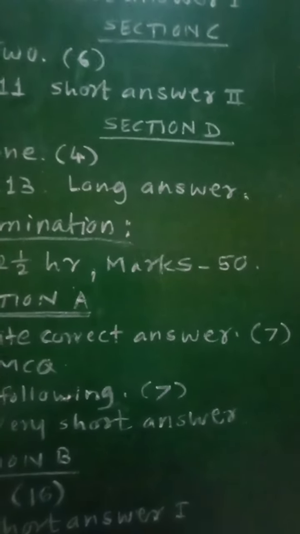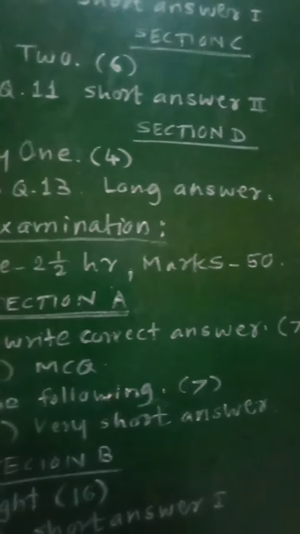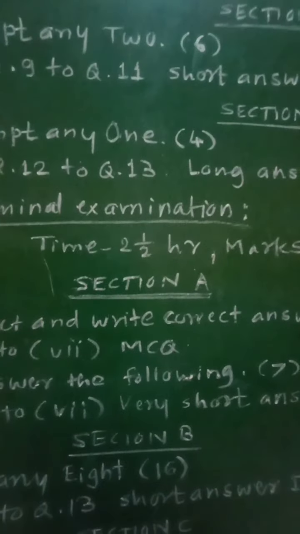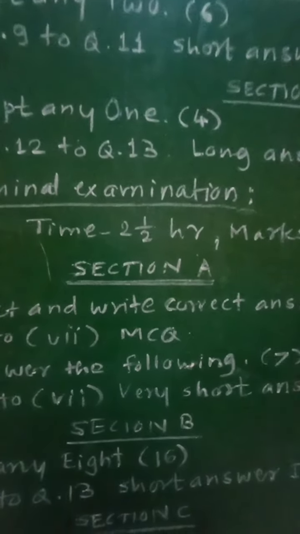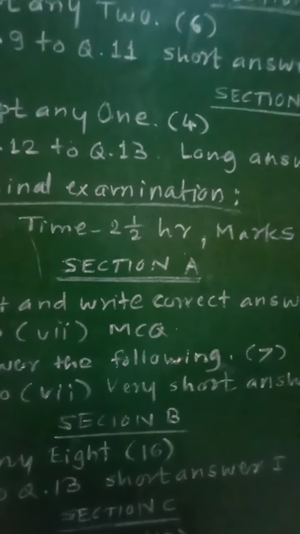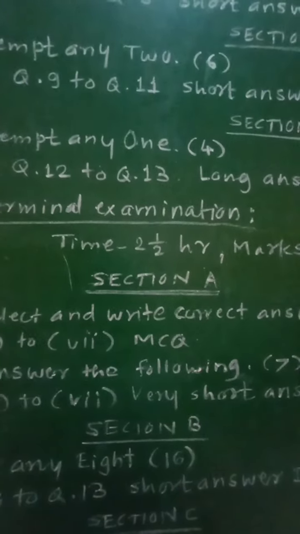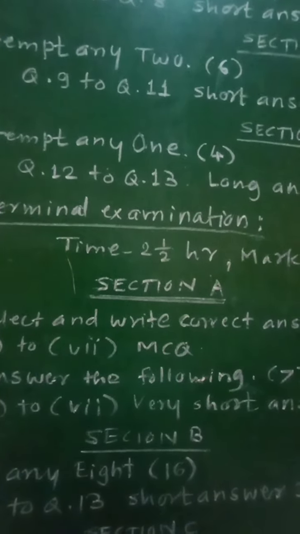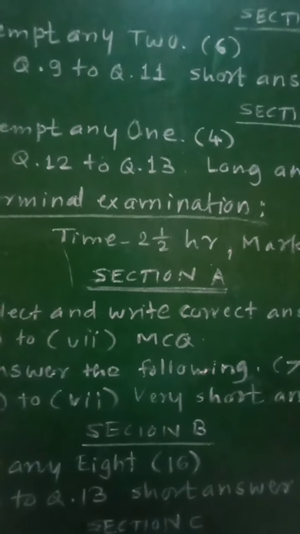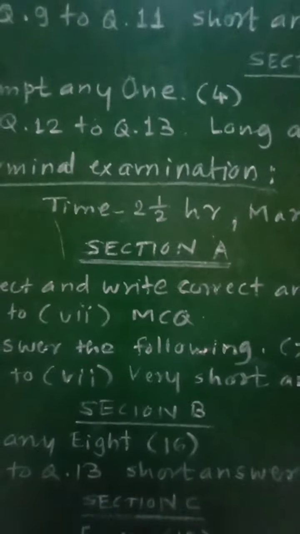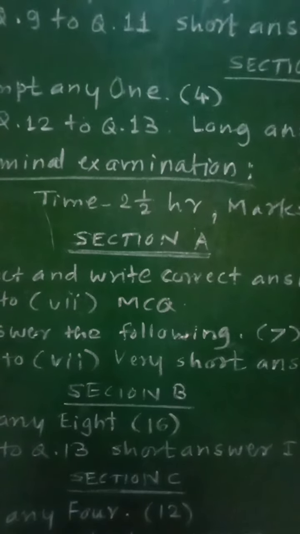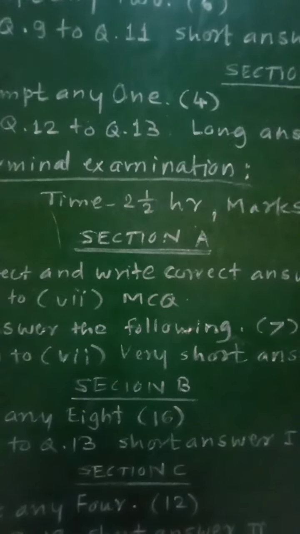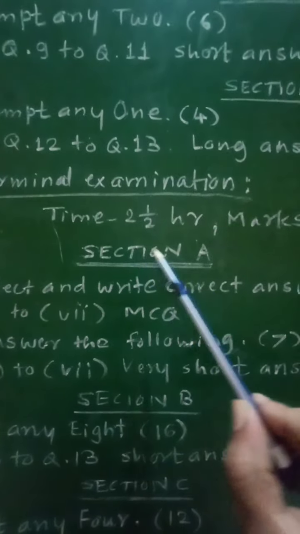This question paper for the terminal examination or the first semester examination will contain in all 23 questions, and again they will be divided into 4 sections A, B, C, D.